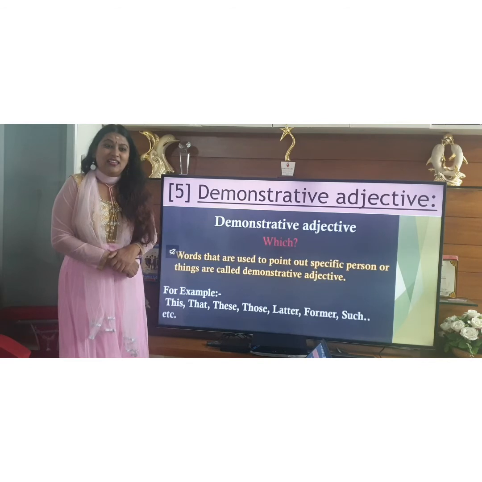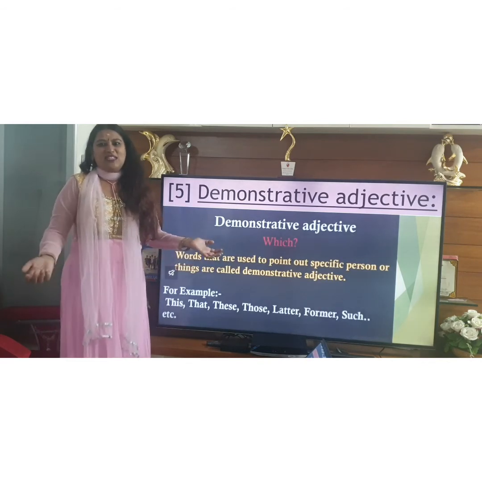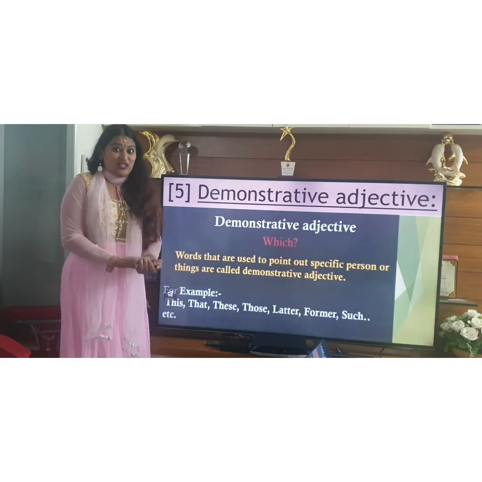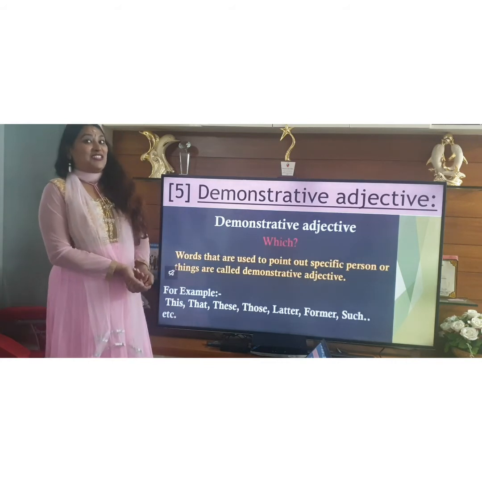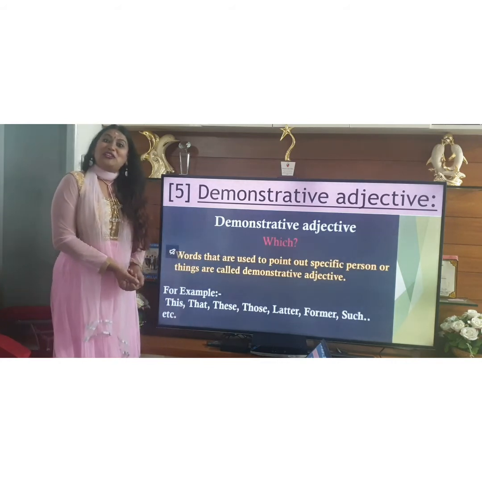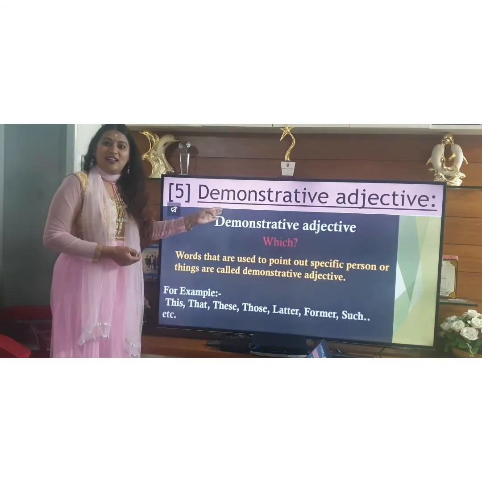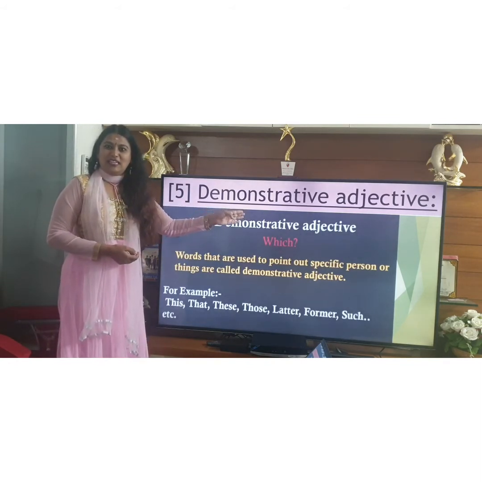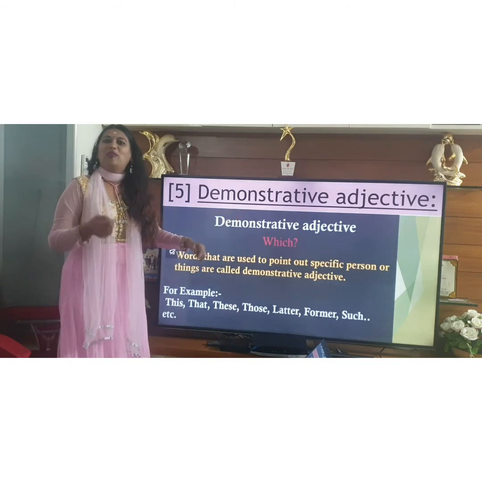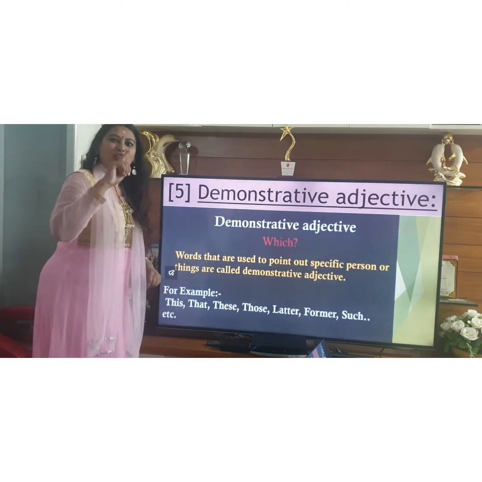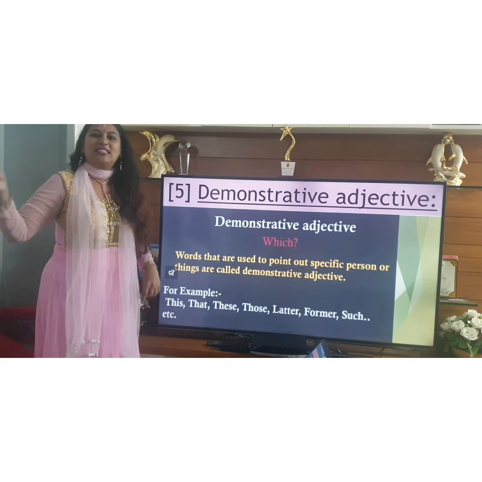If a new teacher comes, she doesn't know who's good, and they know the teacher doesn't know us, so everybody will take the positive credit. But will they say, I'm the demon in the class? No. Demon is pointing out. When you point out, you use this, that, those, these.